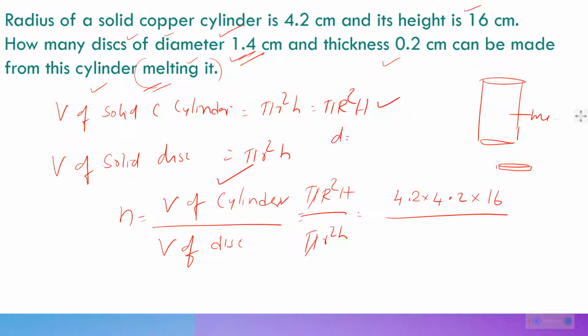If diameter is 1.4, radius is equal to 0.7. So r square is 0.7 into 0.7. Height is equal to 0.2 centimeter. Write it as such. If you solve this, you will get the number.